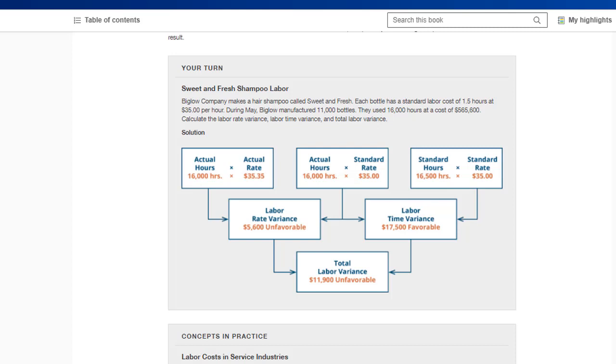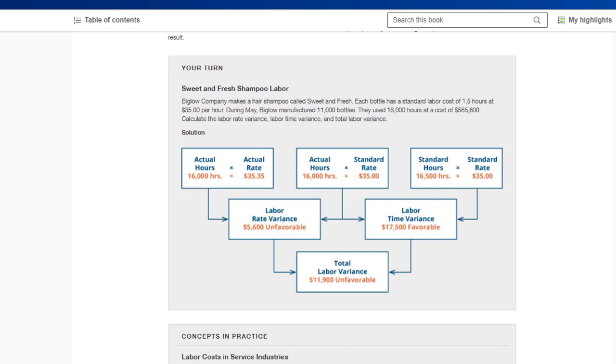And so we can conclude that the fact that you overspent that $35 rate by 35 cents an hour gave you, in terms of its total impact, a $5,600 additional bill to pay. And that's a bad thing. That's unfavorable.